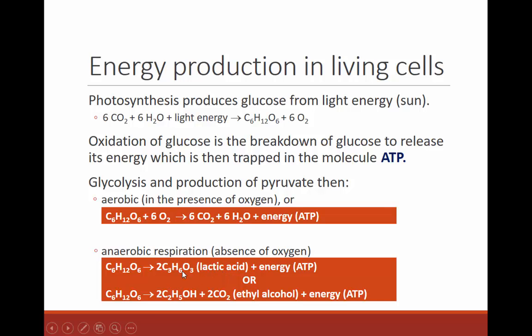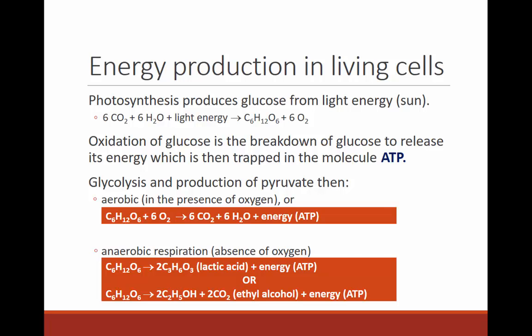Okay, so without oxygen, it moves to lactic acid and energy, or it might go to ethyl alcohol and energy. So you can see the fermentation there? Yes? Okay, so just be aware that it's the same starting substrate, but depending on the environment, it can move in different ways.